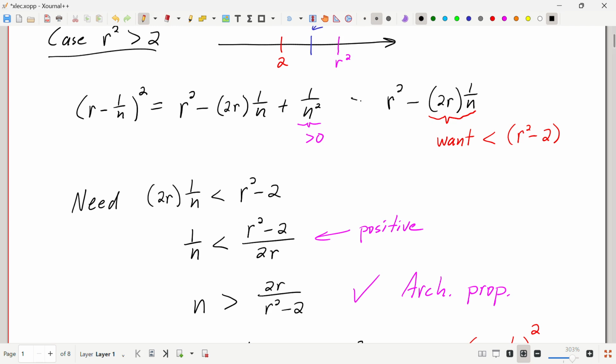Duh. It's greater. r squared minus this is greater than that. Oh yeah, so this is even greater than that. I think that fixes it. Okay, sorry about that. It was right in my notes.